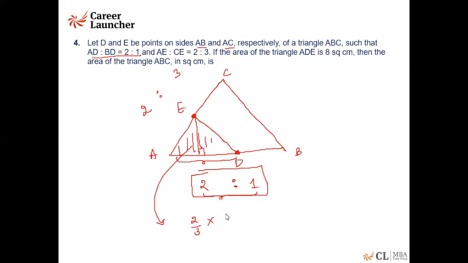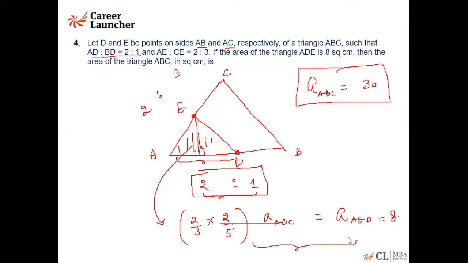So it will be 2/3 into 2/5 of the area of triangle ABC. This is equal to the area of triangle AED, which we know is equal to 8. So from this, we can find out the area of triangle ABC. Area of ABC will be equal to 30.